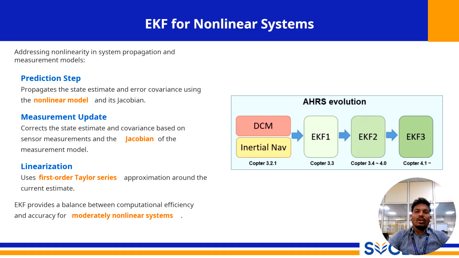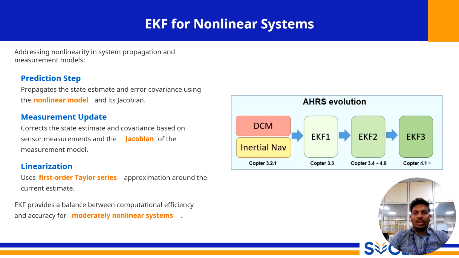The first phase is the prediction step. In this step, the filter uses its internal model of the MAV's dynamics to project the current state forward in time. It propagates the state estimate and error covariance using the nonlinear model and its Jacobian matrix, based on the last known state and the command sent to the motor.